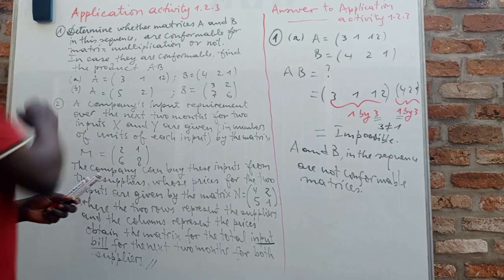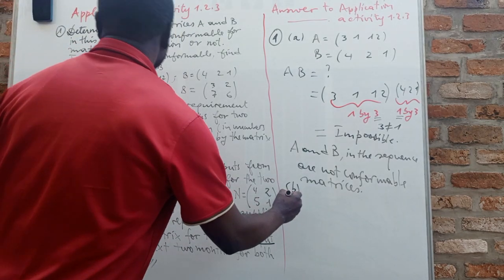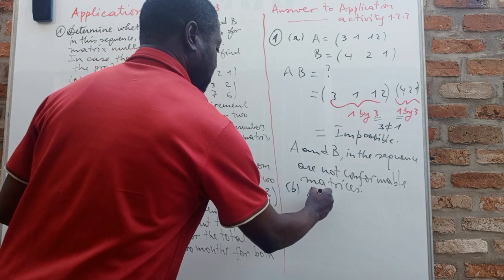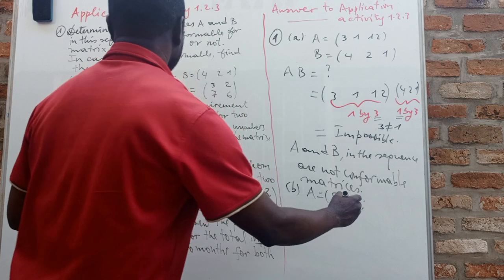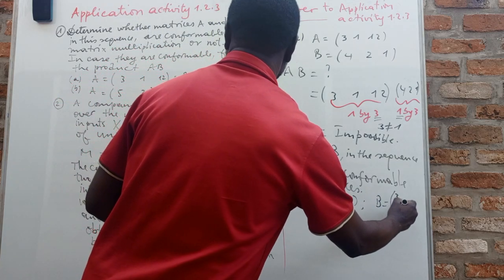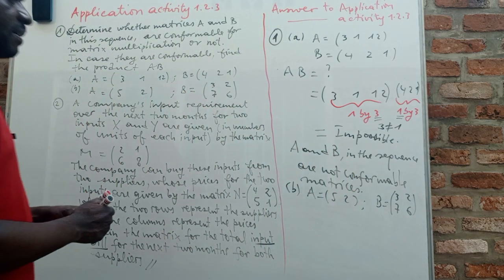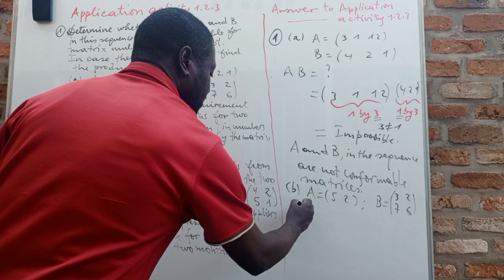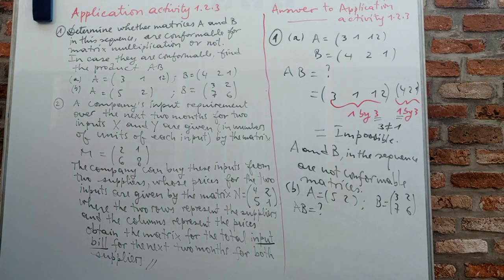Now, number 1, subquestion B. Suppose we have a matrix. The first matrix is a row matrix. The second matrix is 3, 7, 2, 6. Now suppose that we want to find the product A times B in this order.